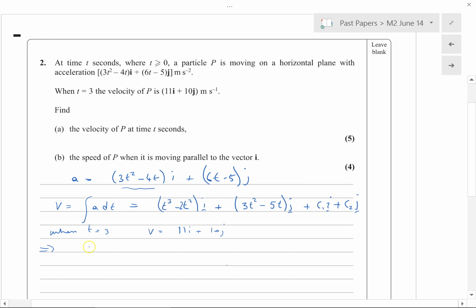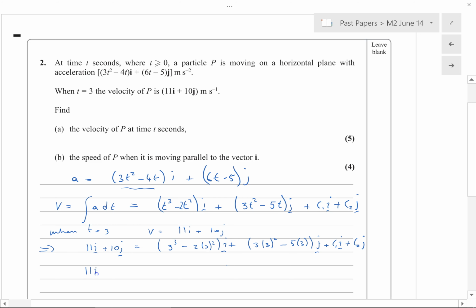So that means 11i plus 10j equals (3 cubed minus 2 times 3 squared) i plus (3 times 3 squared minus 5 times 3) j, oh, we forgot to write my i there, plus c1 i plus c2 j. Okay, so we need to work these out.